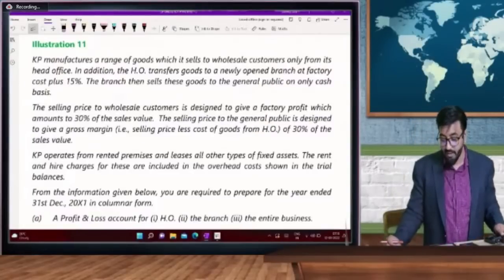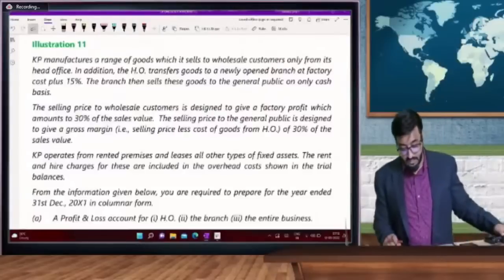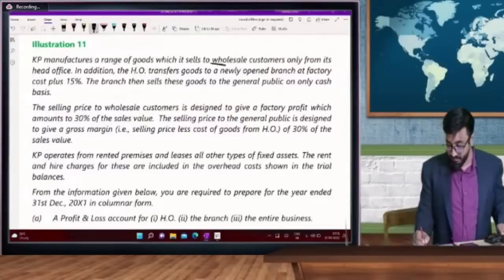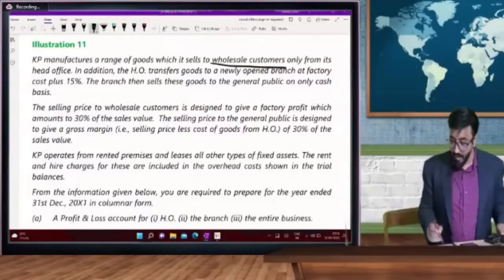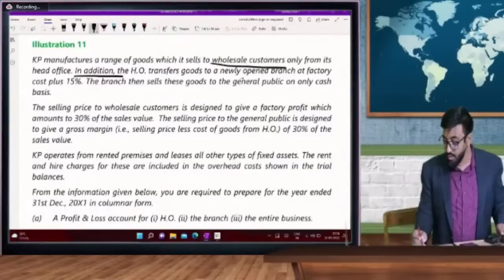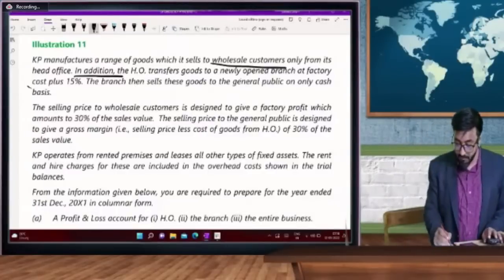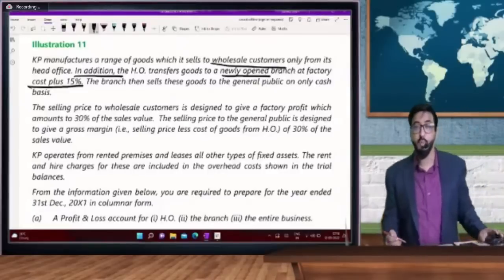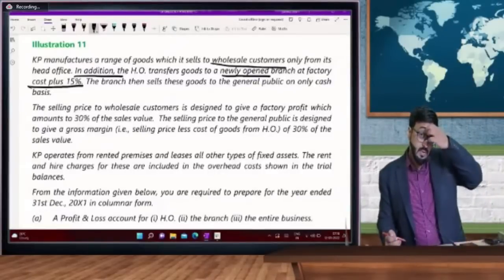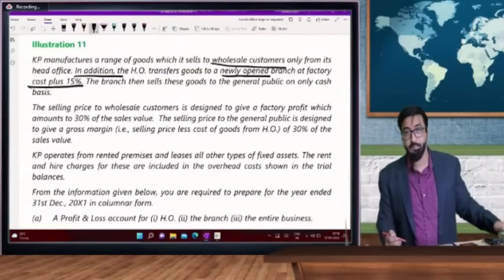KP manufactures a range of goods which it sells to wholesale customers. In addition, HO transfers goods to the newly opened branch at factory cost plus 15%.